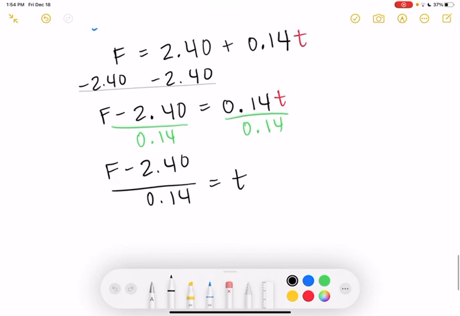All right, so I subtracted the 2.40 from both sides and then divided both sides by 0.14. Okay, and I would just stop right there for solving for t. Technically, I'll put it off to the side just in case anybody did it. I want you to know that it's okay. Let me punch this into my calculator real quick.